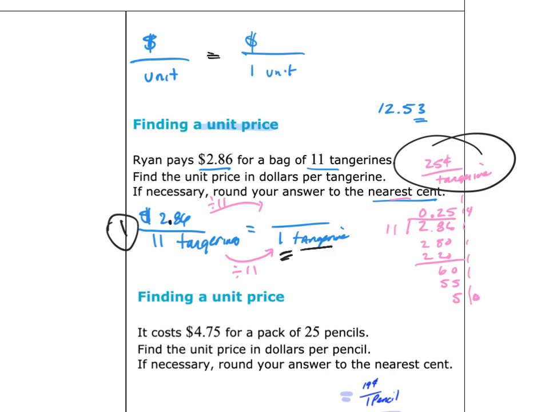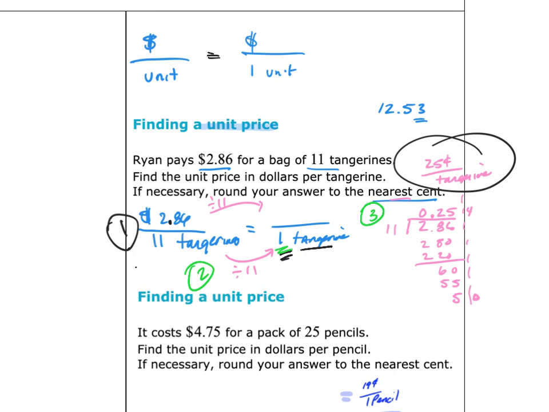Okay. And then I showed you that the first thing you would do is set up the proportion. Second thing you would do is convert by using scale factor to get the 1, right? Then the third thing you would do is do the division.